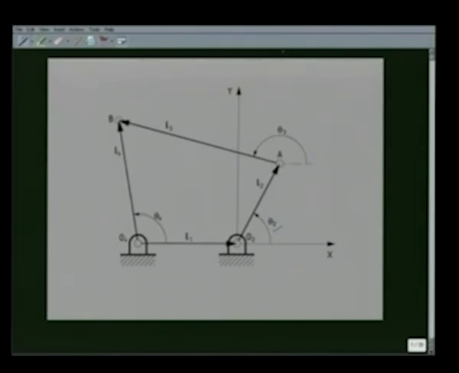To do this, first, we set up a Cartesian coordinate system xy with O2 as the origin. The first task, as I said, we have identified a closed loop, namely O2, A, B, O4, O2. Then the link lengths L1, L2, L3, L4 are represented by 4 vectors, namely L1, L2, L3 and L4.